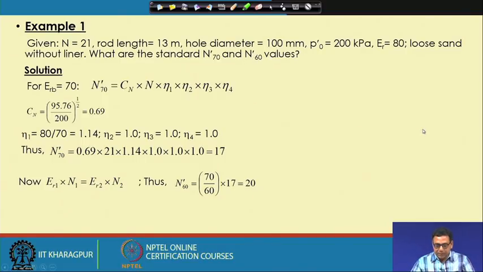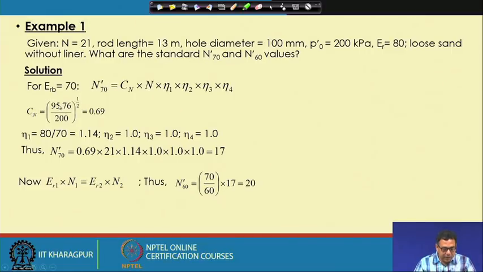Now, the solution: ERB is given, in the first case ERB is 70. So this will be N'70 because our standard energy ratio is 70. These are the expressions.